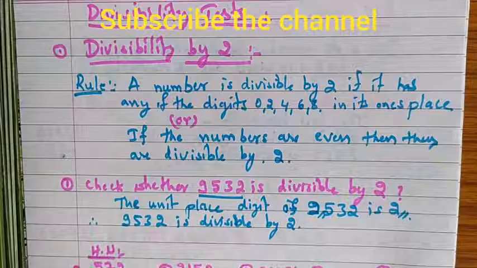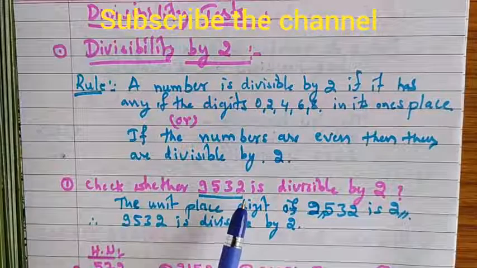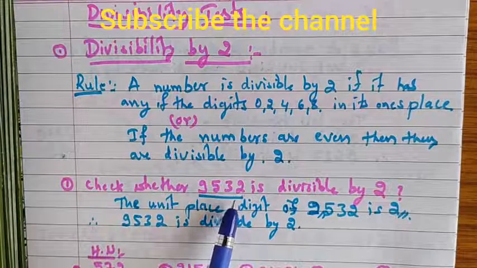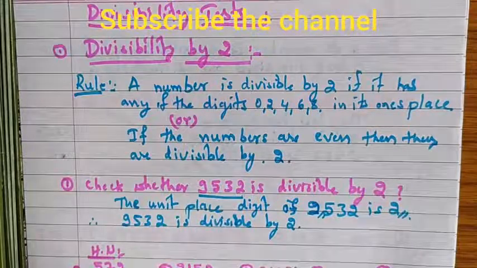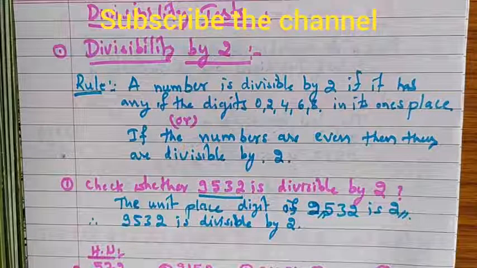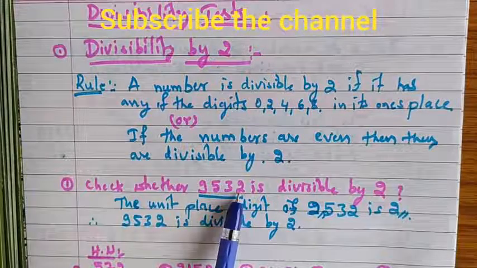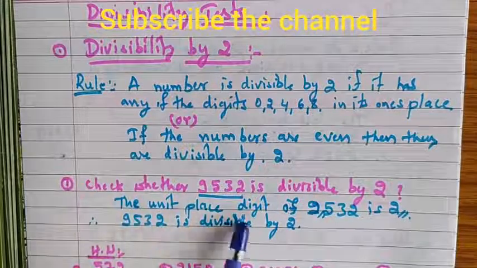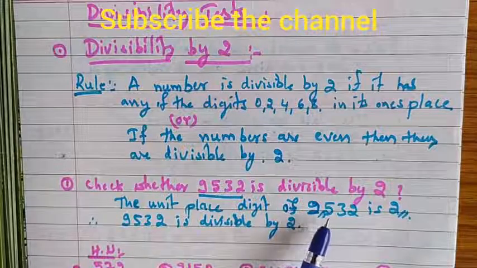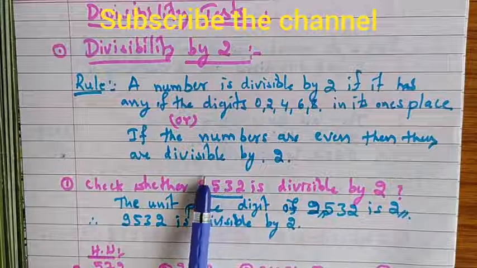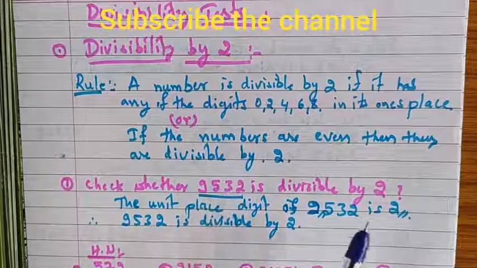So we already know that, for that purpose we should identify the unit place of the given number. Which number is in the unit place? The unit place digit of 9532 is 2.